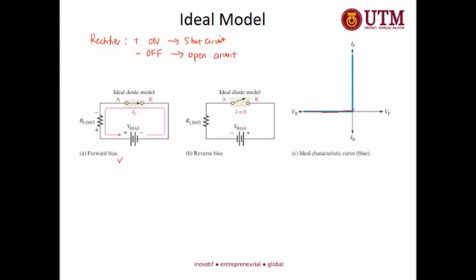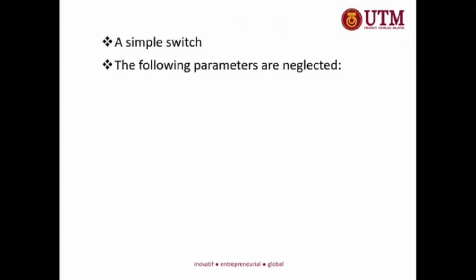So resistance is 0. When resistance is 0, we have a spike of current. So the current is in the vertical direction because the resistance is 0. Short circuit. Okay, reverse bias resistance is infinity, open circuit. So this is the ideal model. The ideal model is a simple on-off switch.